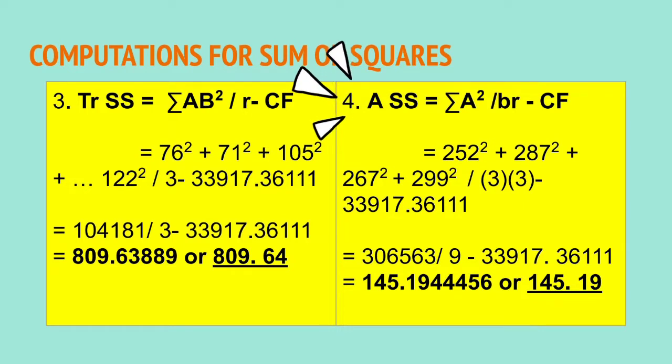Then it equals 306563 divided by 9 minus 33917.36111. Then it equals 145.1944465, or 145.19.